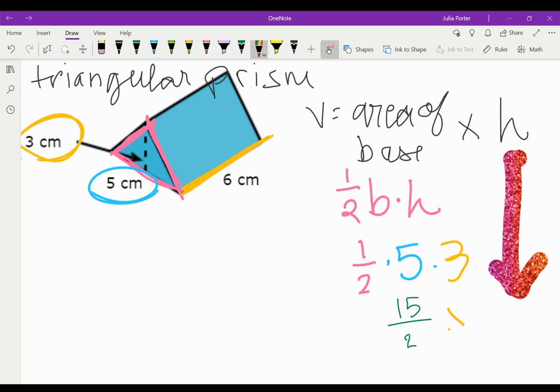If I multiply 15 halves times 6, I can cancel out the 2 with the 6, and the 2 simplifies out, so I'm left with 3.